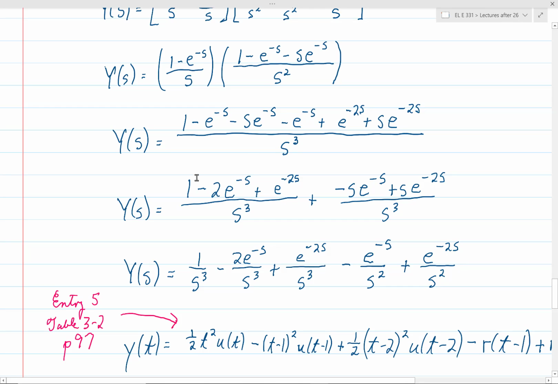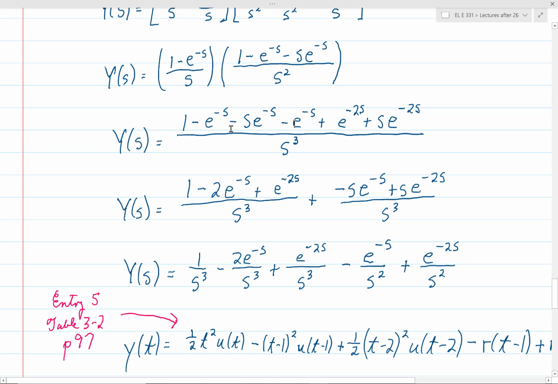Now, what I've done in going from this line to the next line is I see I have two terms here that have s as a coefficient. And so I know that when I divide those terms by s cubed, I'm going to get an s squared. On the other hand, all the other terms have no s coefficients, so they're going to be over s cubed.